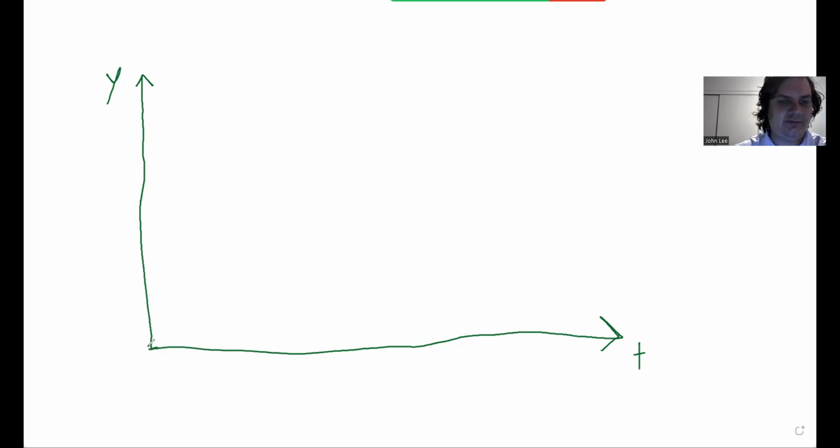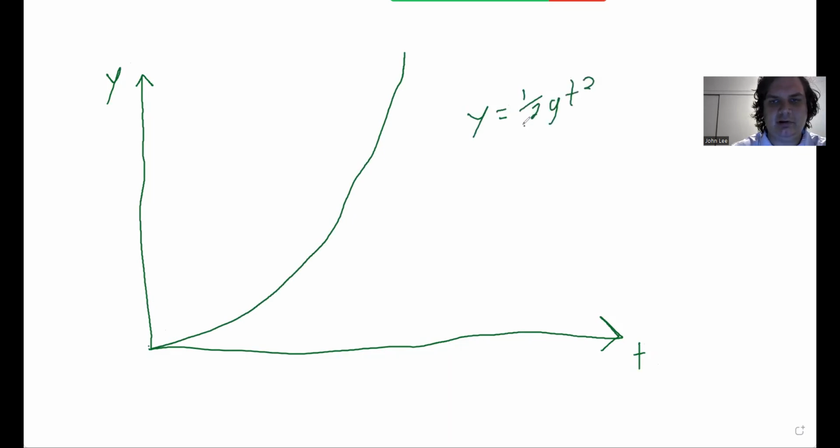And the formula that goes with that is that y is equal to 1/2 gt squared, where y is the output. 1/2 g is a constant, because g is gravitational acceleration, which is constant on the surface of the Earth, and 1/2 is just a number.